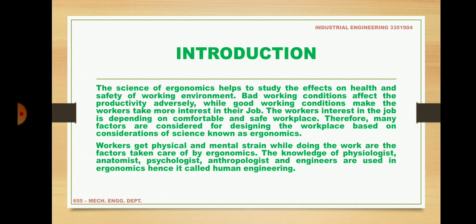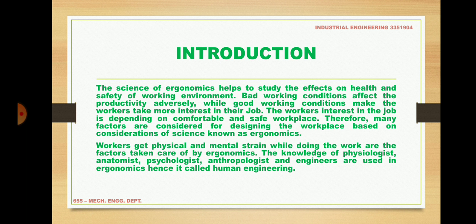Worker gets physical and mental strain while doing the work. If the person carries out the same work continuously or for a long time, there will be a physical strain in their muscles and a mental strain in their minds. These are the factors considered in ergonomics.